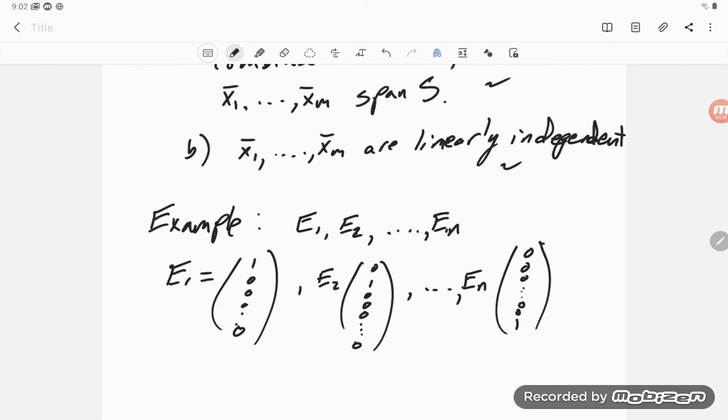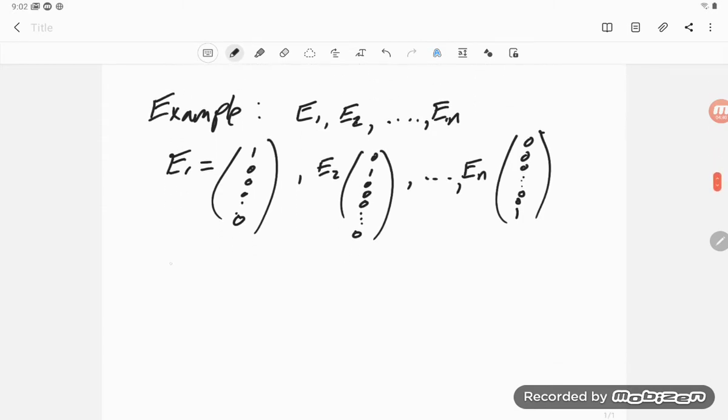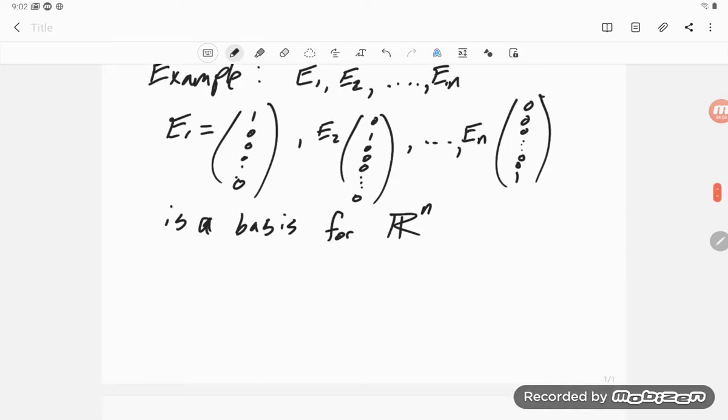So this set of vectors is a basis for Rn. Okay, and pretty simply, I can see first that it spans, right?